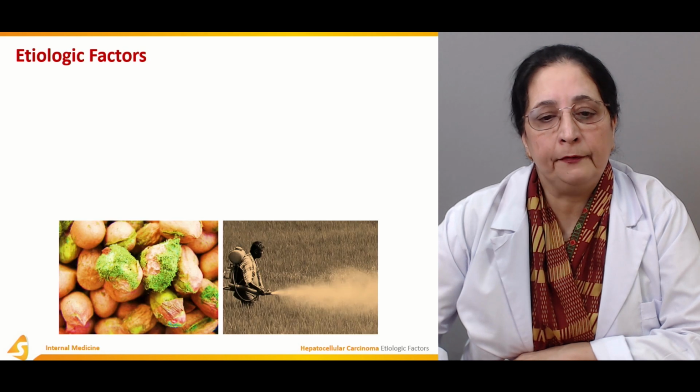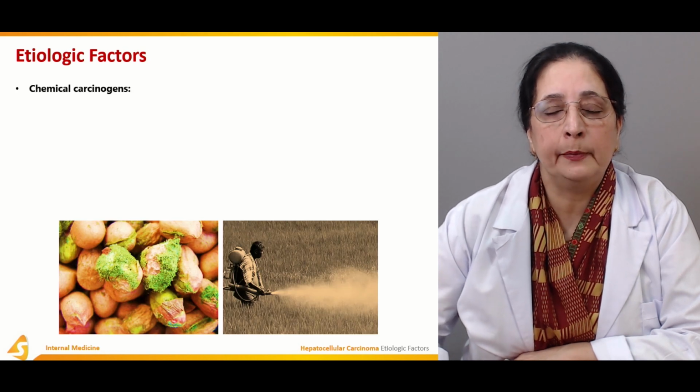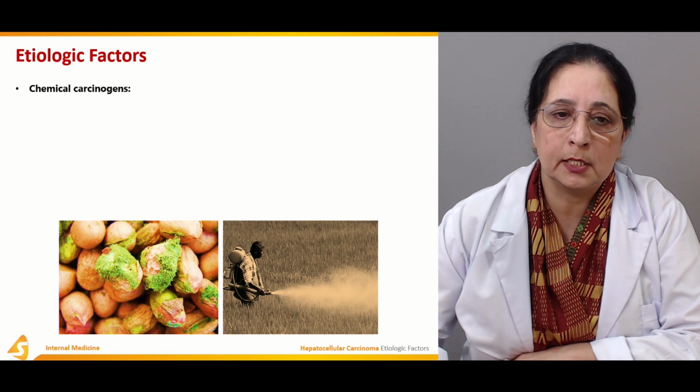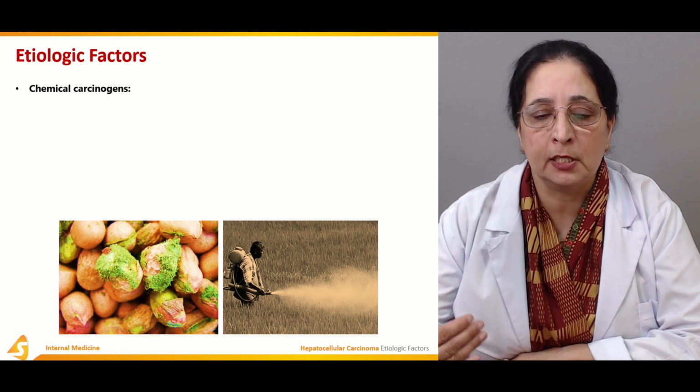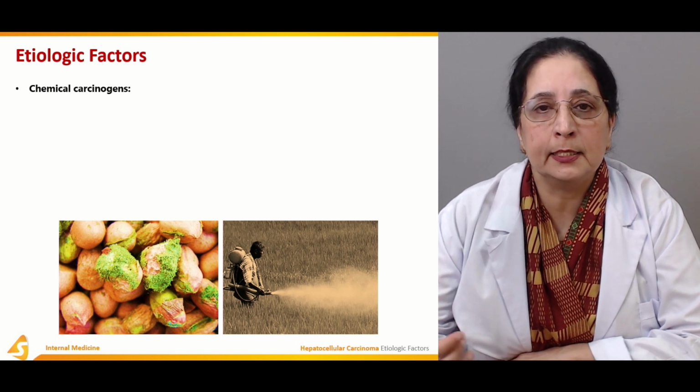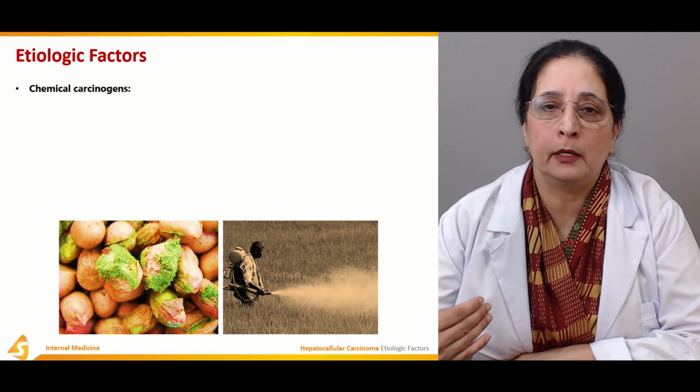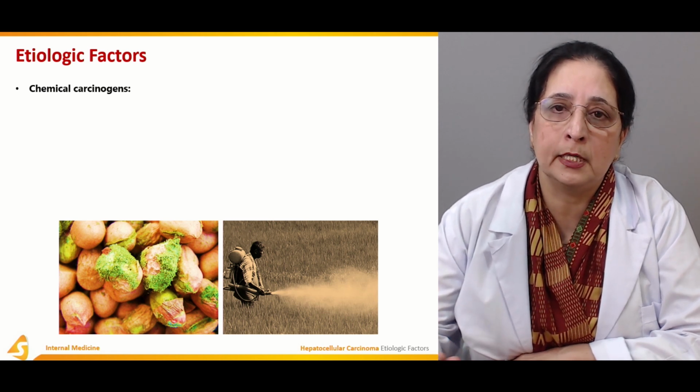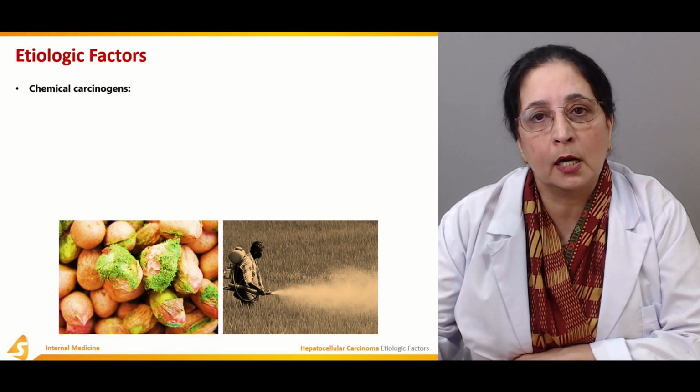The etiological factors associated with hepatocellular carcinoma include some chemical carcinogens. Carcinogens are the substances which are capable of causing malignancy or carcinoma.